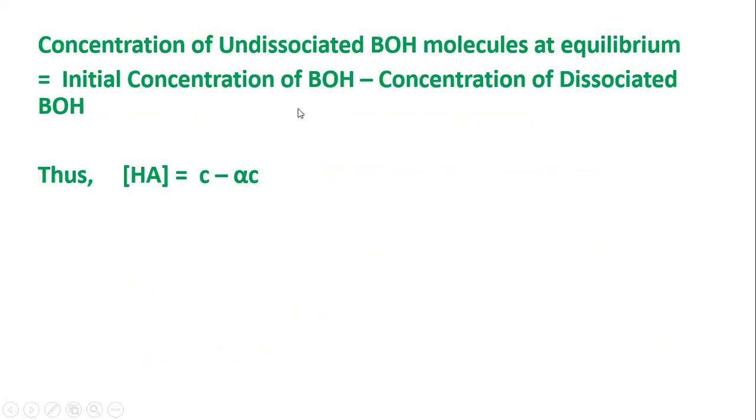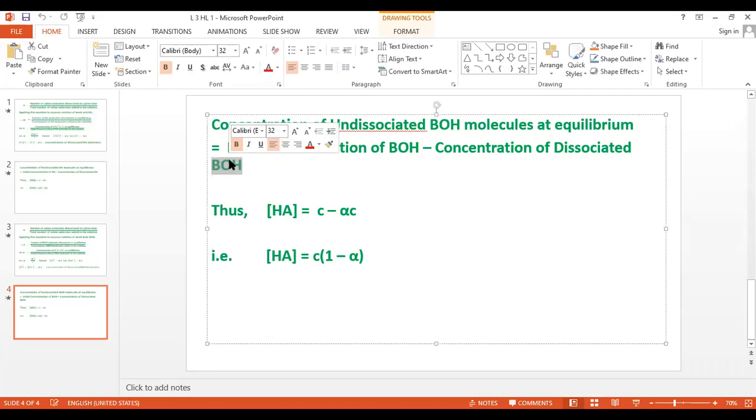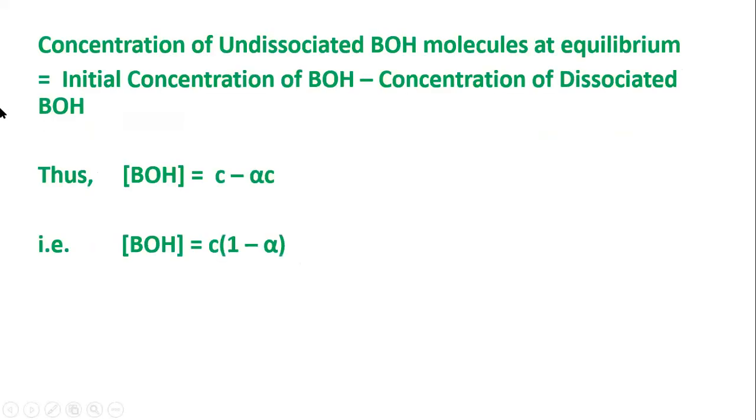It is the initial concentration of BOH, which is C, minus the concentration of dissociated BOH, which is alpha C. So this indicates the concentration of undissociated BOH molecules. It is C minus alpha C. Taking C common, we get C1 minus alpha.